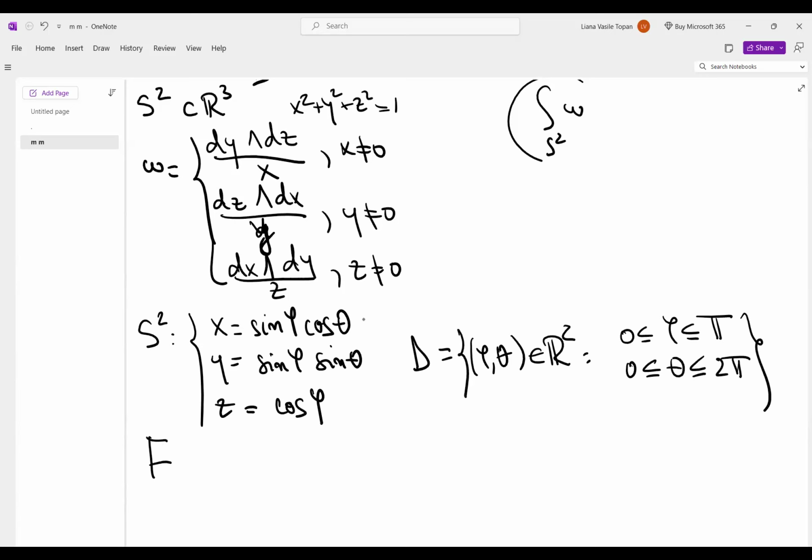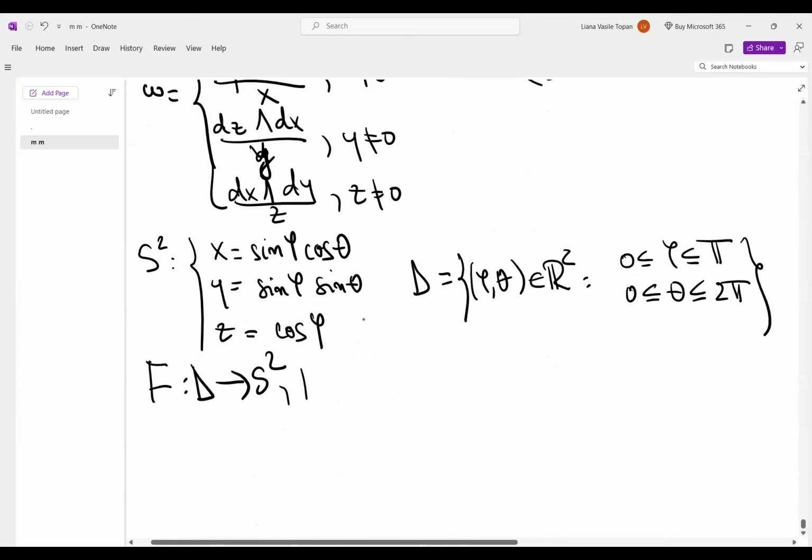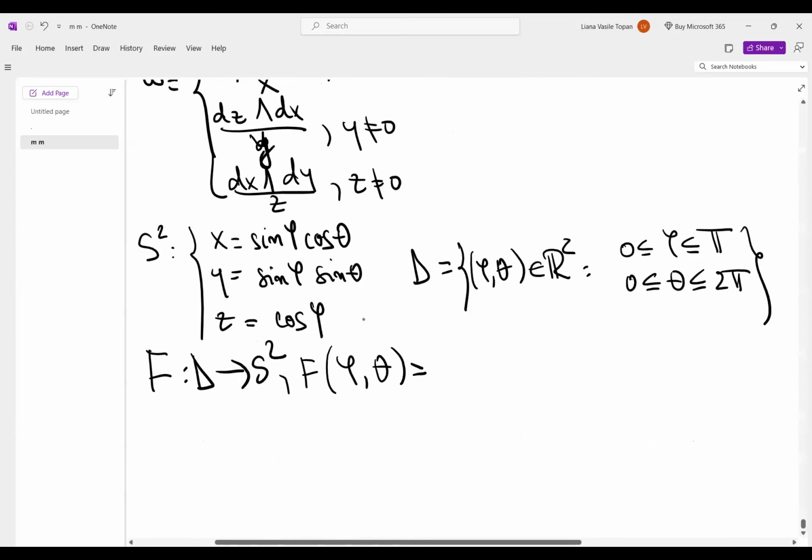Now we define our function on the domain with values on the sphere. So this function F of phi and theta, well, as we see here, is sine of phi cosine of theta, sine of phi sine of theta, and cosine of phi.